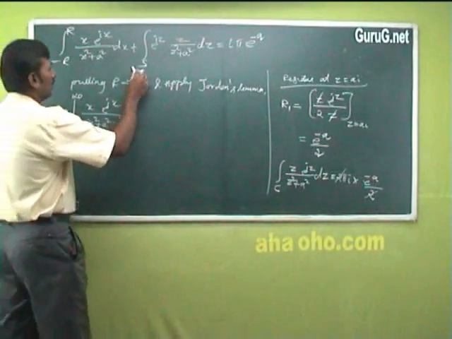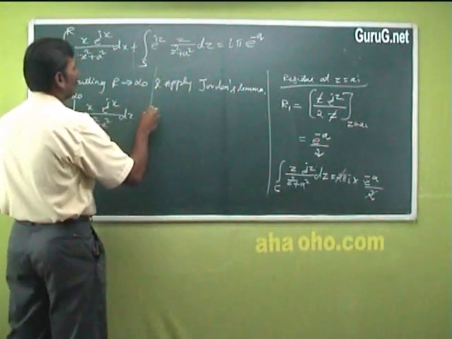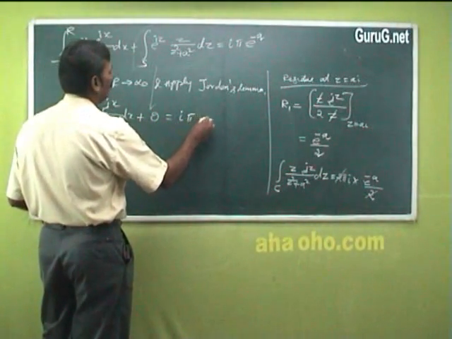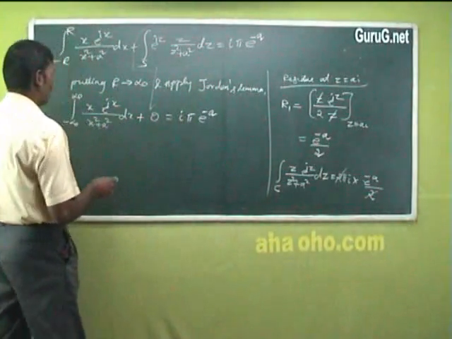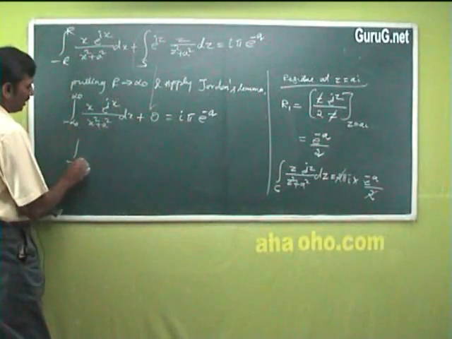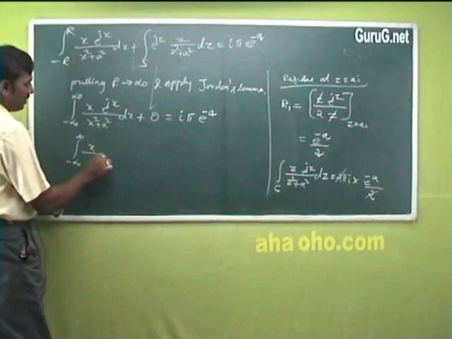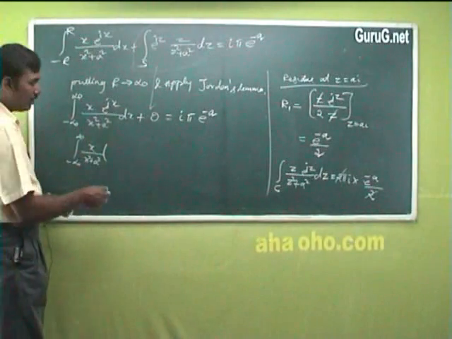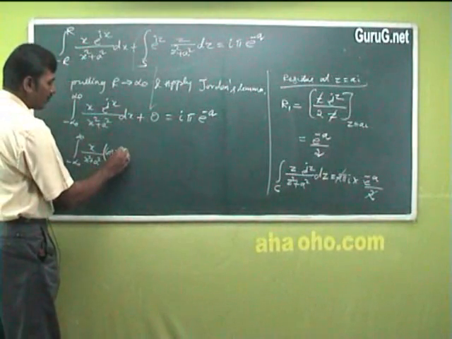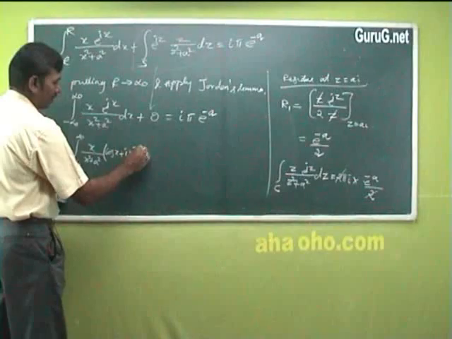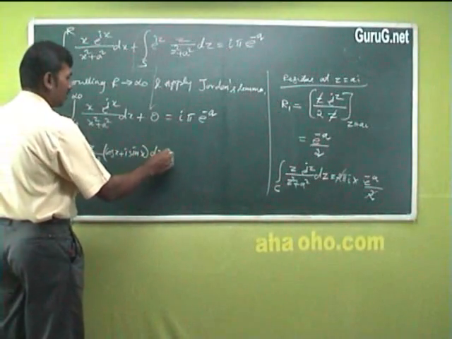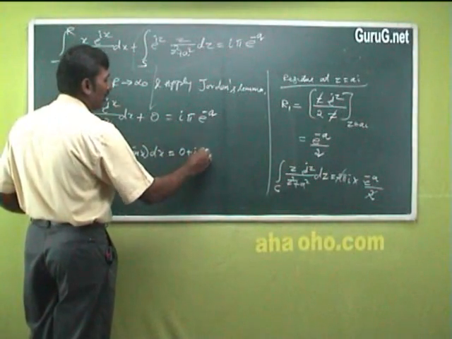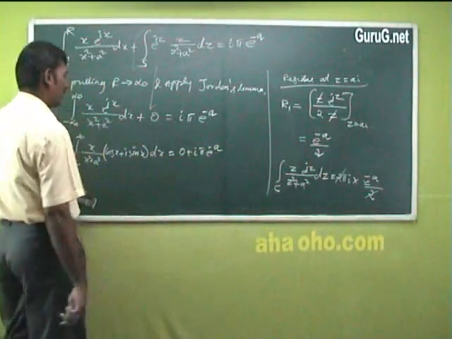So by Jordan's lemma this term becomes 0, equal to i into pi into e power minus a. So now the integral from minus infinity to infinity of x by x squared plus a squared, this e power ix is nothing but cos x plus i sin x into dx, equal to, I can write this as 0 plus i into pi into e power minus a.